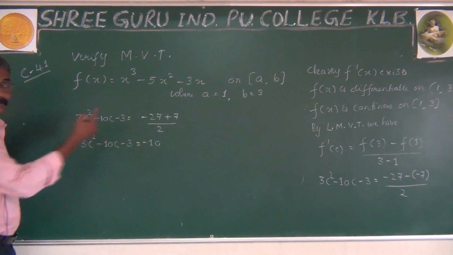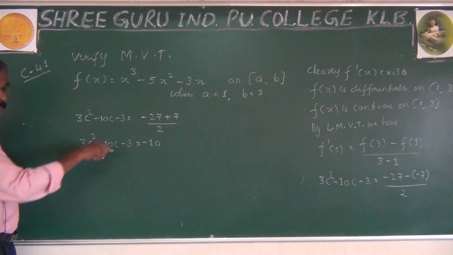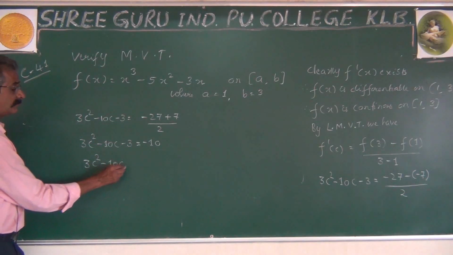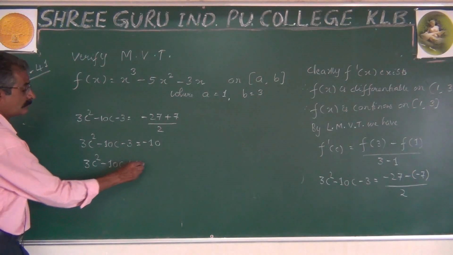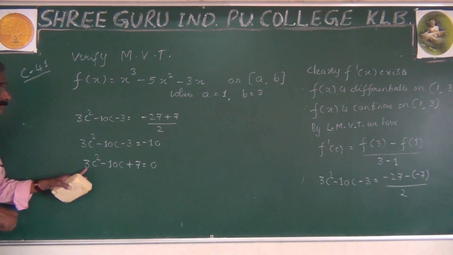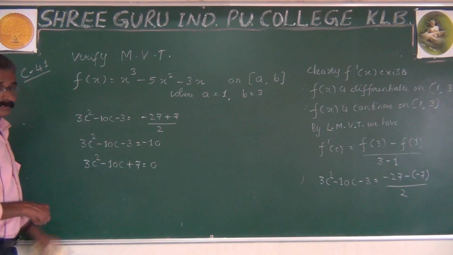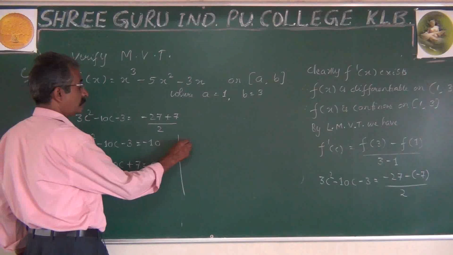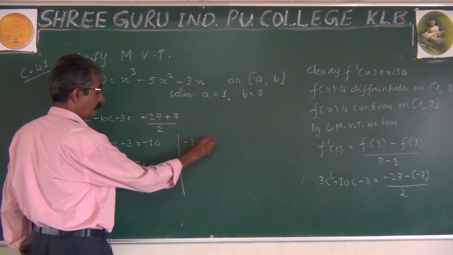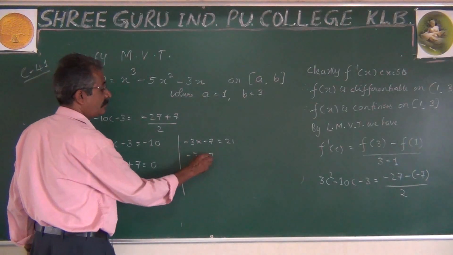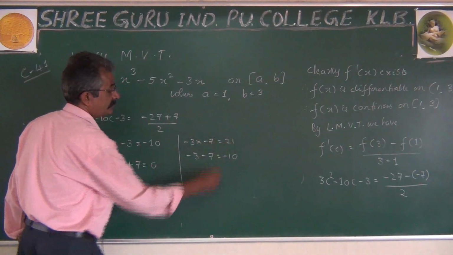Minus 10 becomes here plus 10, total becomes 7. 3c square minus 10c plus 7 equal to 0, which is a normal quadratic equation in c. Multiplying to 21, adding to minus 10, very clearly those numbers are minus 3 into minus 7 will be 21, whereas minus 3 minus 7 will be minus 10.